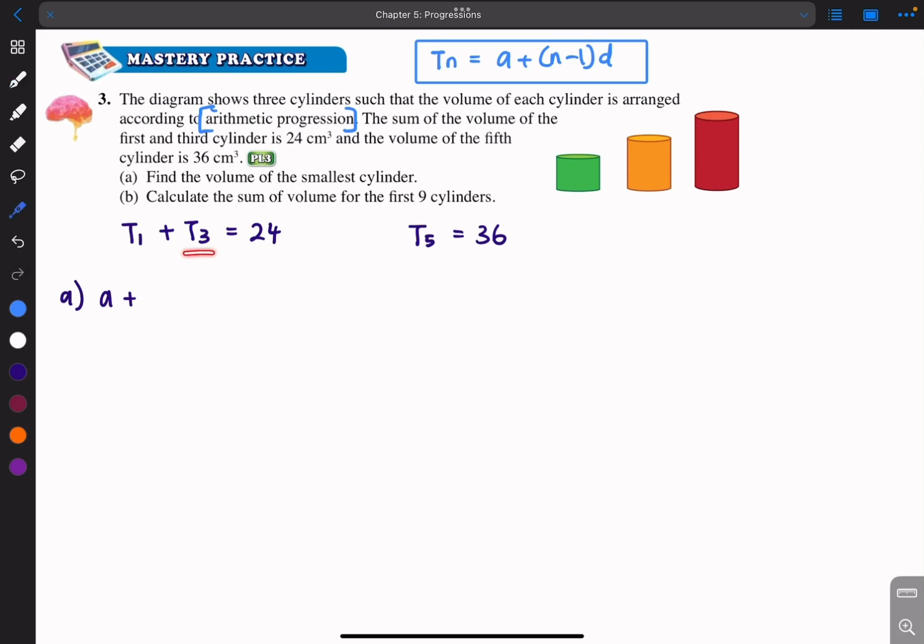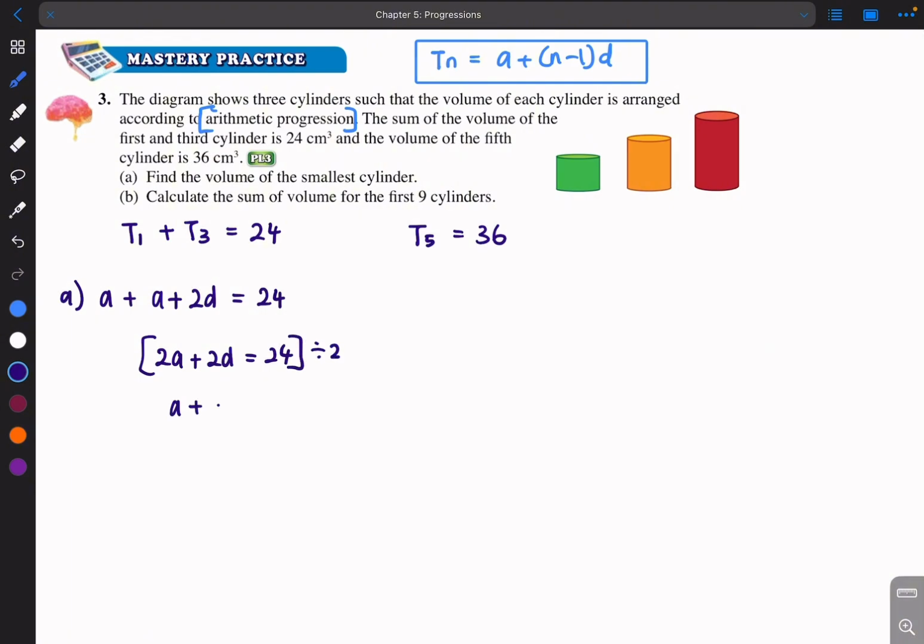T3 would be a plus 3 minus 1d, so basically a plus 2d. We can simplify this: a plus a is 2a, plus 2d is 24. Divide the whole equation by 2: a plus d equals 12. Equation number 1.